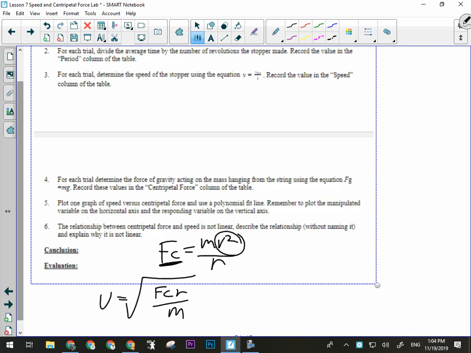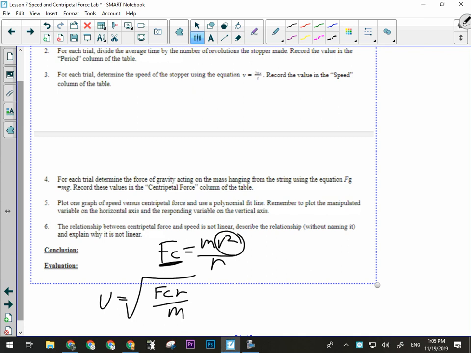When you're explaining that, think about that formula. I just want an explanation. I'm not looking for you to name the relationship. I'm just asking you, talk to me about what happens when I increase FC, what happens to V, a bit mathematically. Not when one goes up, the other goes up. That's obvious. How does it go? It's obviously not linear. If I double the centripetal force, I don't double the velocity. Spoiler alert, that doesn't happen. I want you to explain what it does.